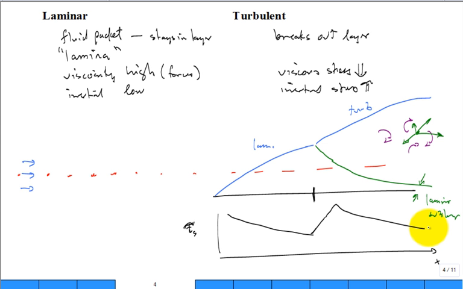So that's a review of fluid mechanics. We characterize this by a Reynolds number, do we not? So what is the Reynolds number? The ratio of competing forces. What's in the numerator of that ratio? Inertial. And in the denominator?